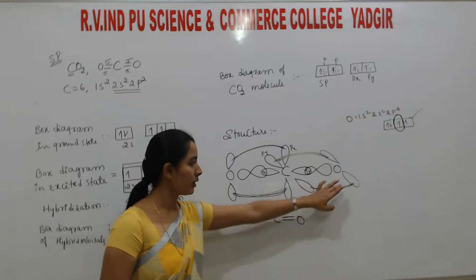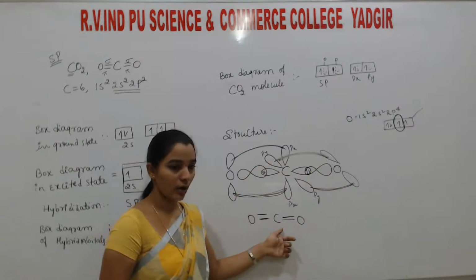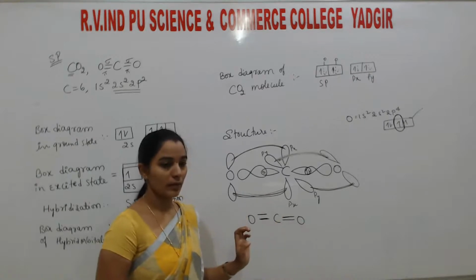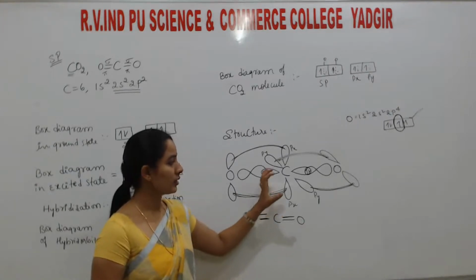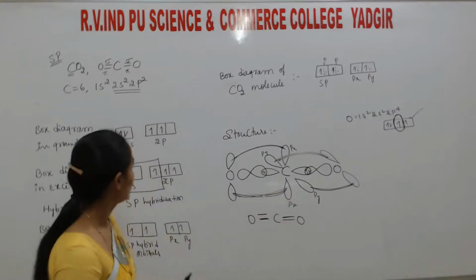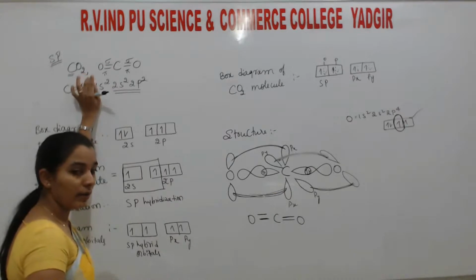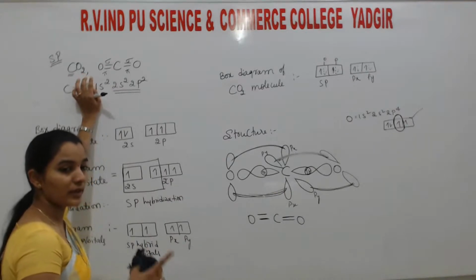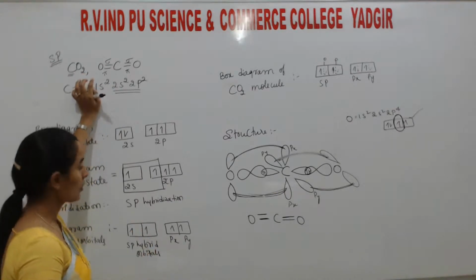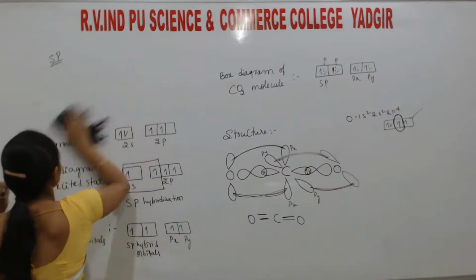And one p orbital of the other oxygen mixes with another p orbital of this carbon to form a pi bond. This is how the CO2 molecule structure takes place. We are not at all considering the double bond, meaning the pi bonds, in the hybridization. Okay, so this is all about sp hybridization.